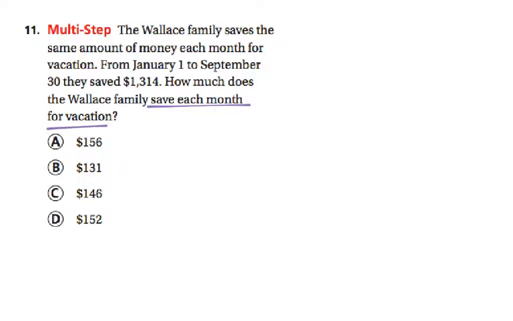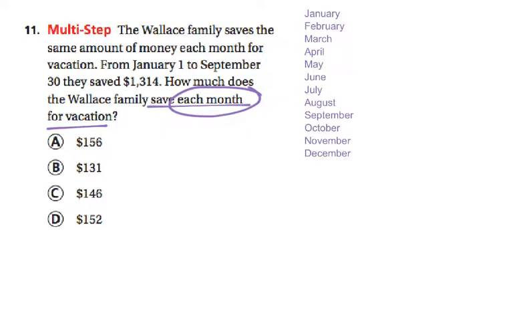Okay, so I'm trying to figure out how much do they save each month. So I guess I have to figure out how many months that is. Well, I'm going to list the months of the year. Alright, you can see that I've listed the months of the year. So it says they saved from January 1st to September 30th.